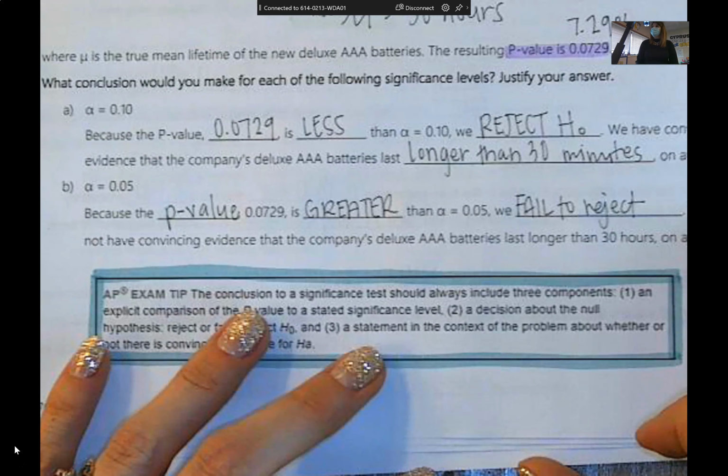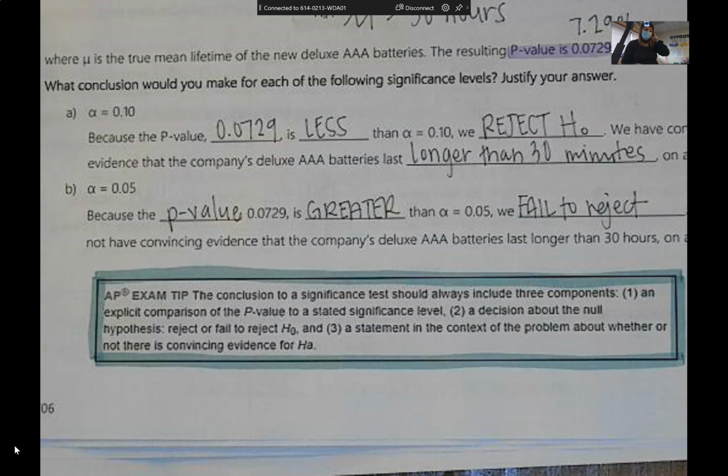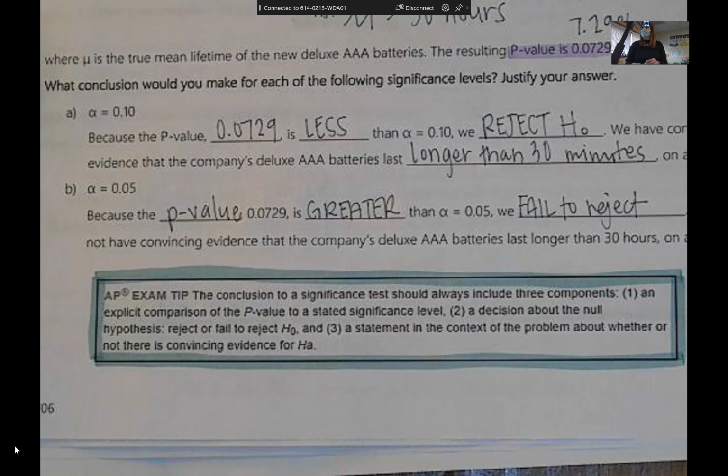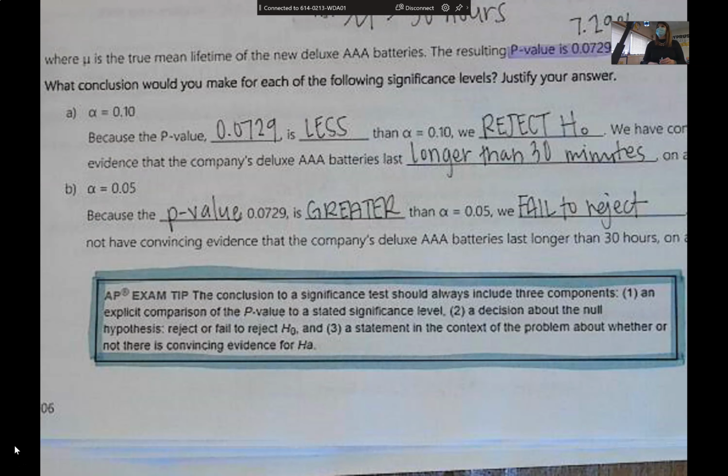We do not have convincing evidence that the company's deluxe AAA batteries last longer than 30 hours.